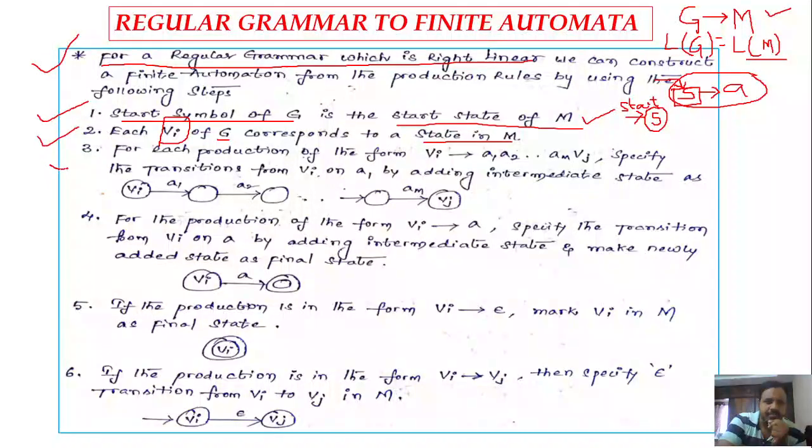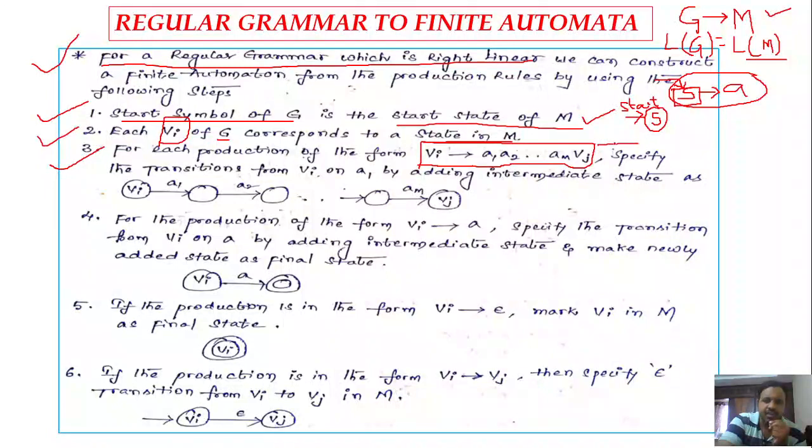Next thing, for each production of the form Vi denotes a1 a2 and so on up to am Vj. Consider that you have the production in this form, where Vi, a variable, denotes a sequence of terminals a1, a2, so on up to am, followed by a non-terminal Vj.